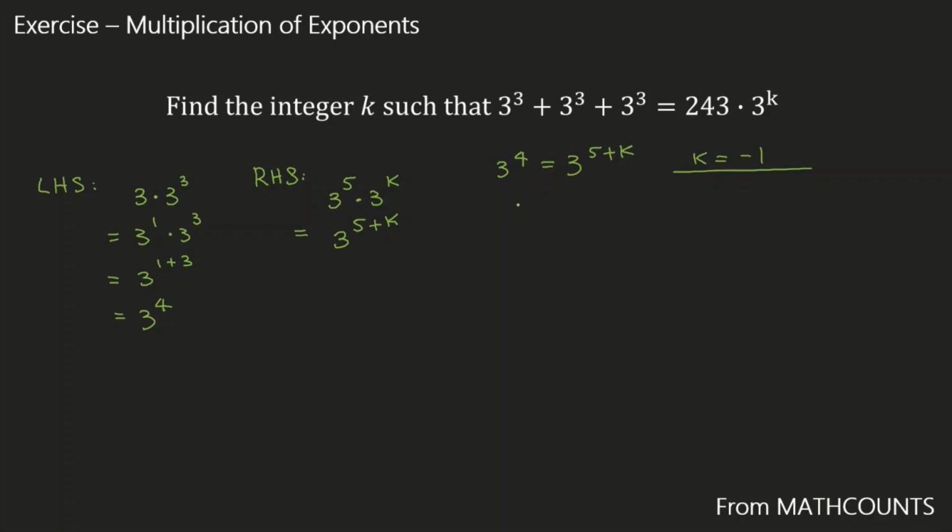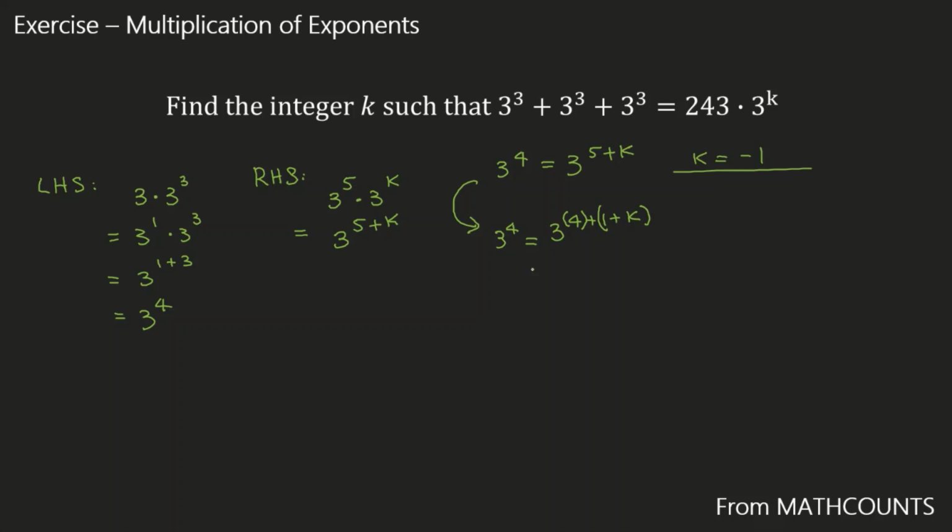Now let's take a look at this starting from here using a different method. So what we have is 3 to the 4th is equal to 3 to the 5, which can be written as 4 plus 1 plus k. Now for visibility purposes, we're just going to group these two like that.